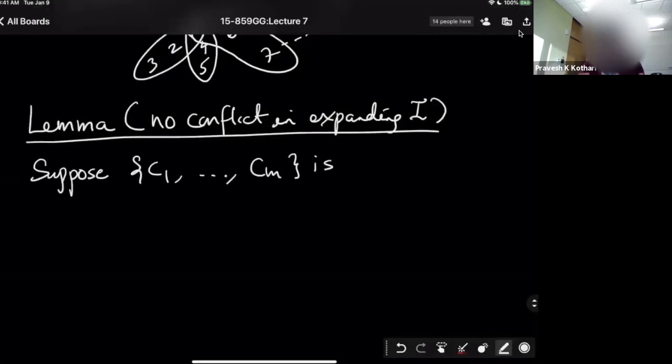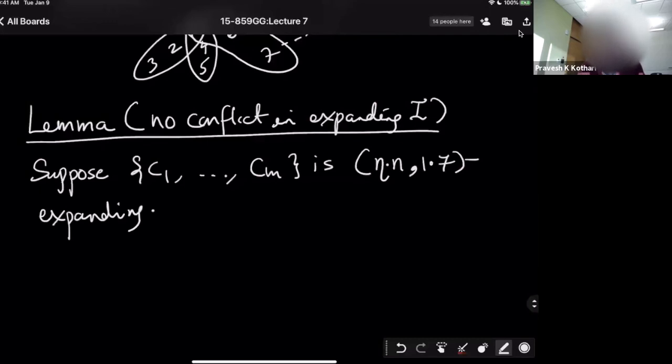Okay. So suppose C1 through Cm is an eta n, 1.7 expanding hypergraph. And I just chose 1.7 for no good reason. It's a number which is bigger than 1.5 and smaller than 2. I was allowed to choose any number smaller than 2.